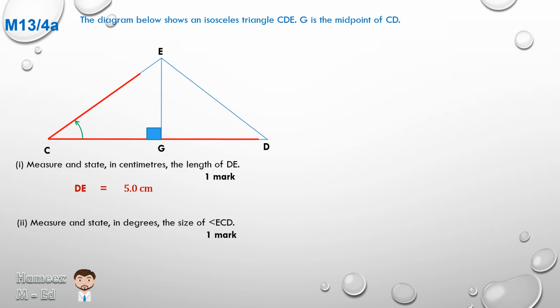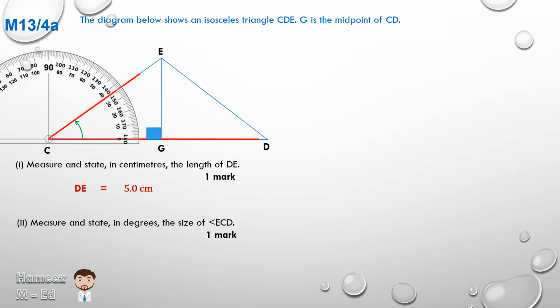Make sure that we rest the center of our protractor on C, line up the 0 degrees from C to D along that line, and then measure upwards. That will give us 37 degrees.